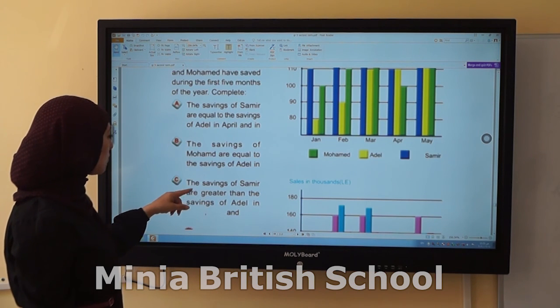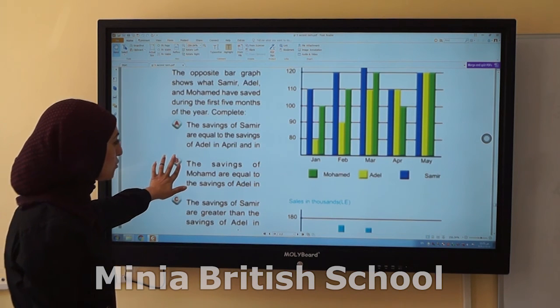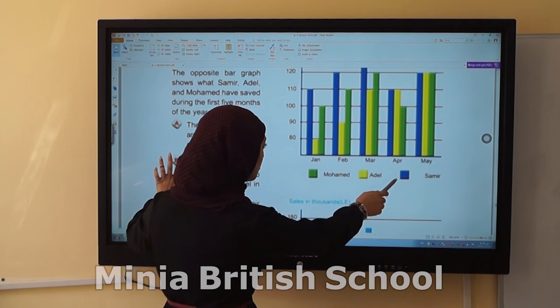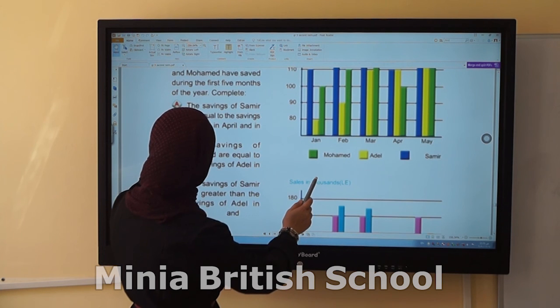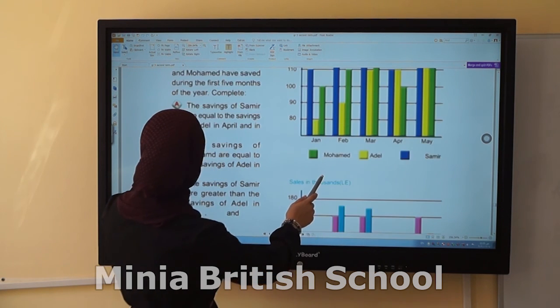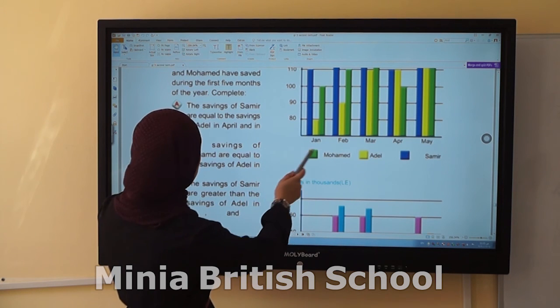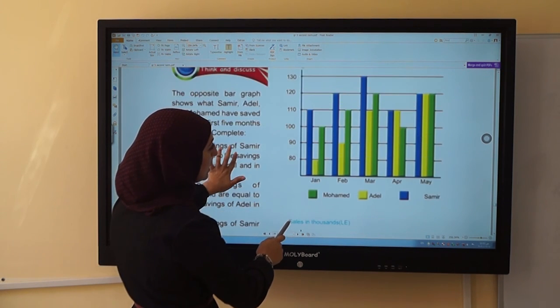The savings of Samir, which is the blue, are greater than the savings of Aiden, the yellow, in which months?